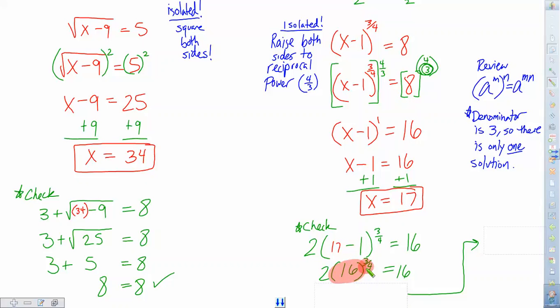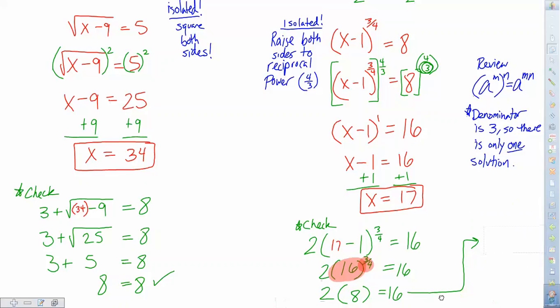Okay, a fourth root of 16, I think that's 2, and then we got to cube that 2, which would take us to an 8, and now we have 2 times 8, don't we? And 2 times 8, is that equal to 16? Yes, sir, it is. That's kind of what I wrote right over here eventually. There it is. So 16 equals 16.